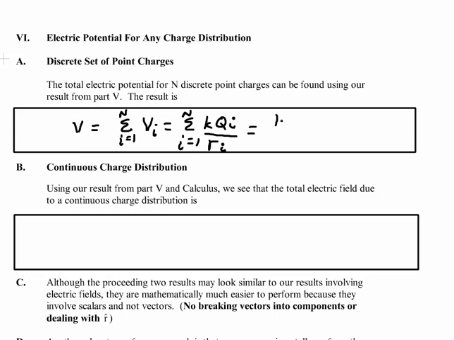So this is like kq1 over r1, kq2 over r2, and so on and so forth.